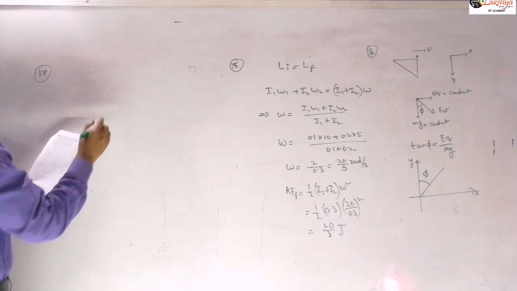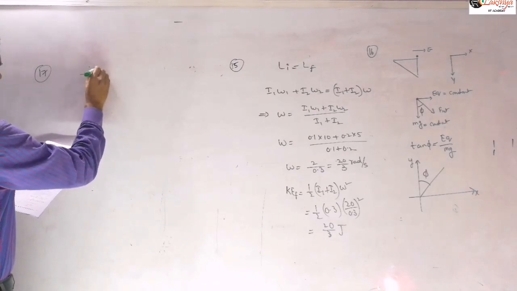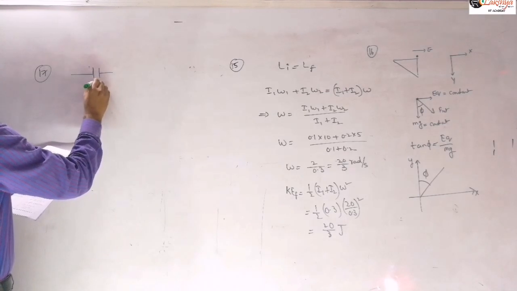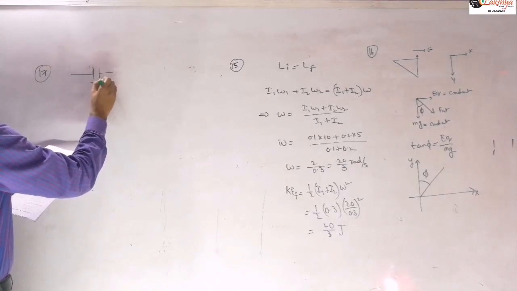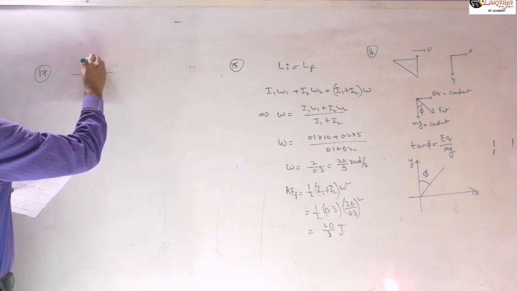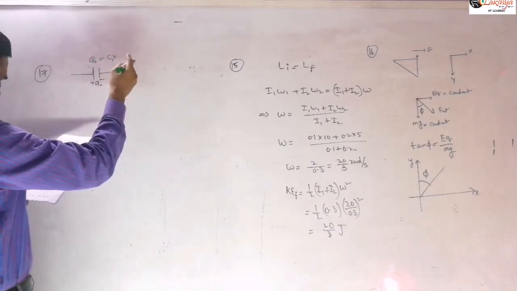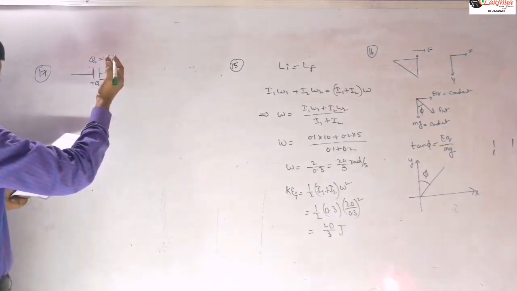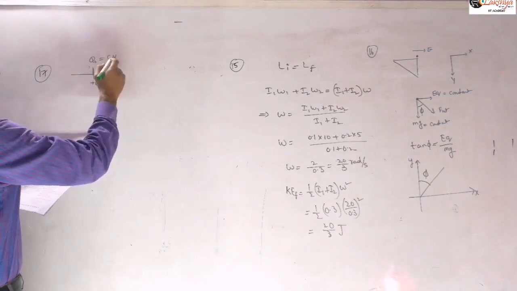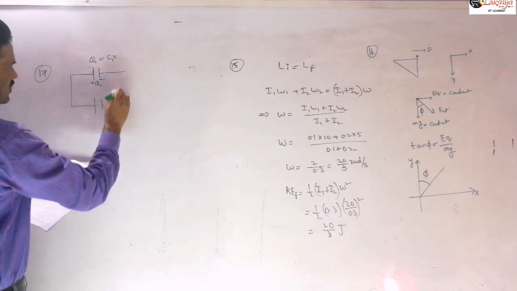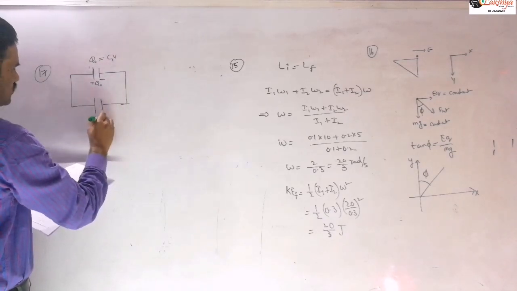One capacitor is charged to a potential difference of 50 volts. So let us take this as some positive charge Q0 and this as the minus charge here. Then Q0 is nothing but C into V. Both are different capacitors. Then this is connected to an uncharged capacitor of capacitance, say, C2.